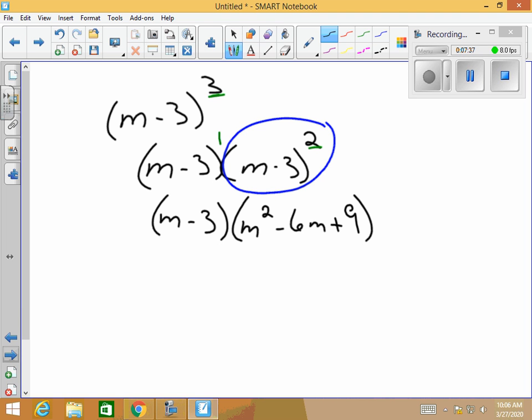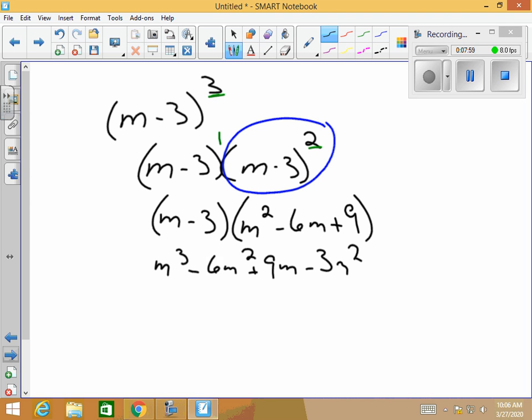So now I have to distribute, which makes this m cubed minus 6m squared, and the m times the positive 9 gives me positive 9m. Then I come back to the negative 3 term and distribute it, so I get negative 3m squared.